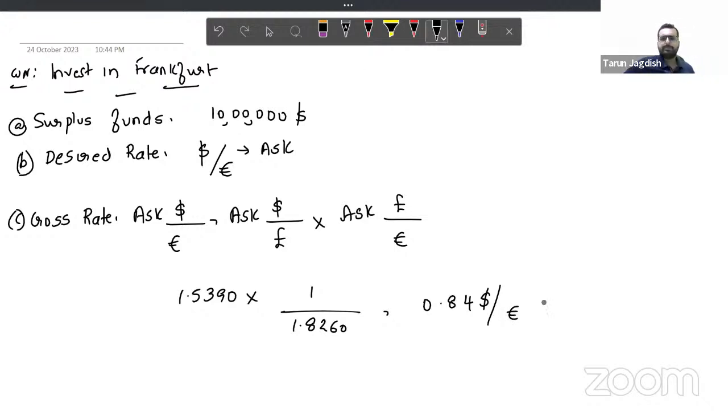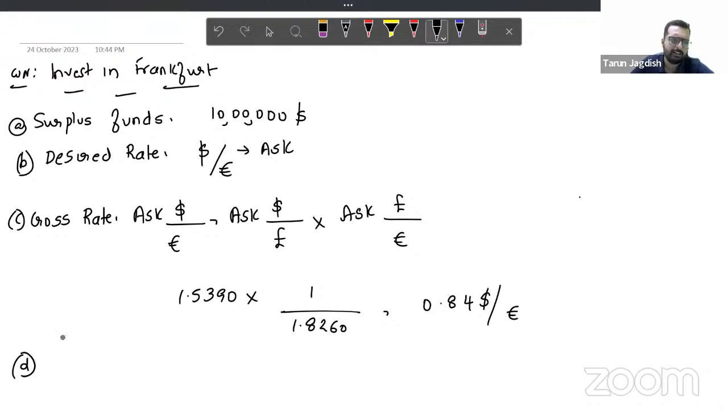One moment. They have given euro per pound. So ask. It's correct only, right? Okay. So once you get 0.84, because euro is actually more powerful, I don't know how they got this 0.84. Let me confirm. I think that's correct. All right.